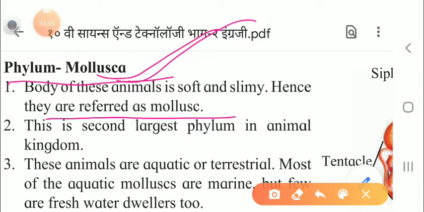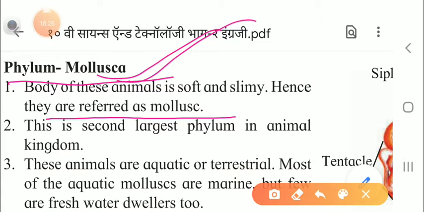Hence, phylum Arthropoda is the largest phylum, with highly successful animals in the animal kingdom. This is phylum Arthropoda. This is phylum Mollusca, the second largest phylum in the animal kingdom.